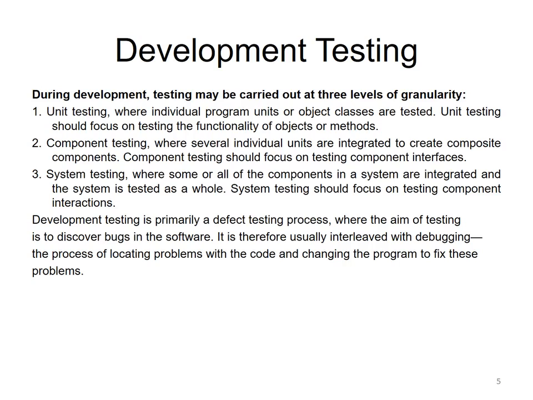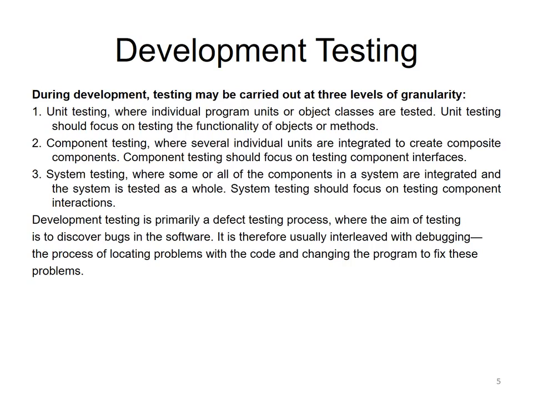Component testing, where several individual units are integrated to create composite components. Component testing should focus on testing component interfaces. Number 3. System testing, where some or all of the components in a system are integrated and the system is tested as a whole. System testing should focus on testing component interactions.